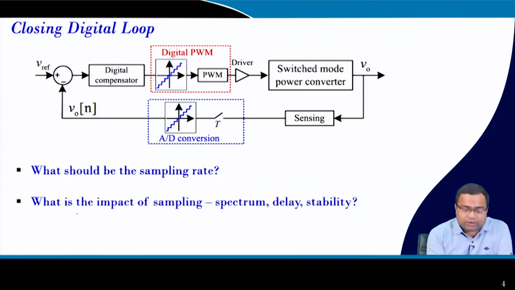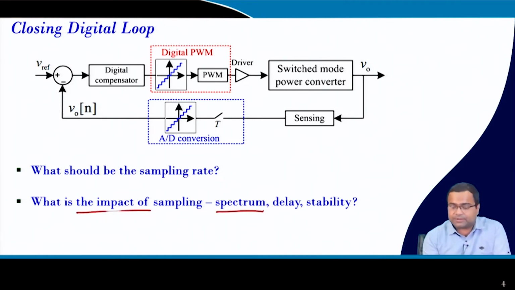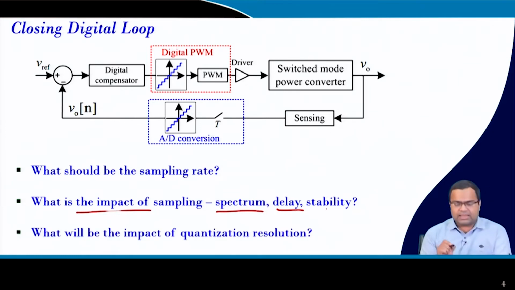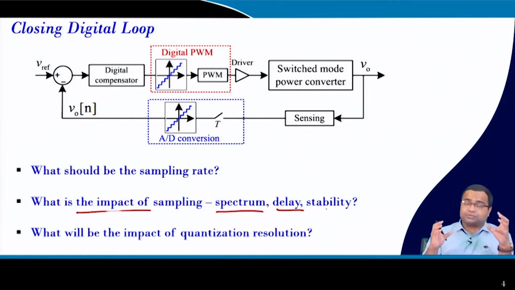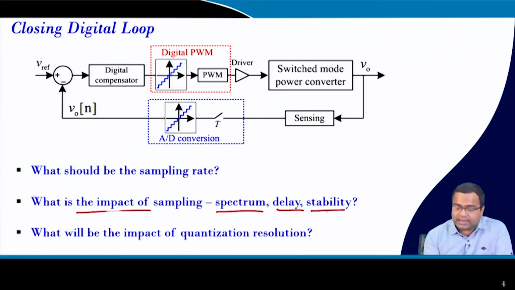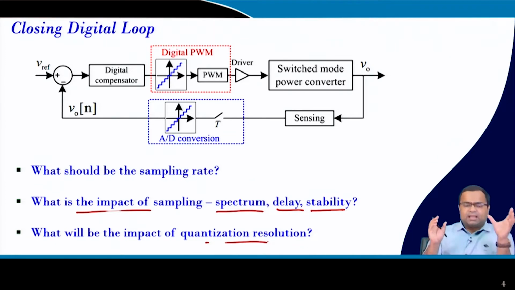Then we will also see what is the impact of sampling in terms of power spectrum, delay, and stability, and then what will be the impact of quantization resolution. In the next lecture, delay and quantization effect we will see, but in this lecture we are going to see the architecture, where we want to see at least the power spectrum, because we need to take a decision on what should be my sampling rate.